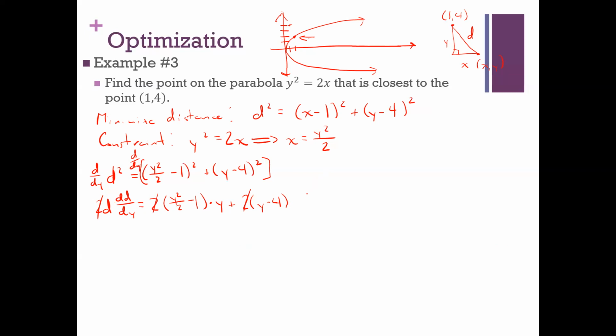That's one way to simplify. Keep in mind though, now that I have a derivative, I want to divide by d as well, so we can do this. dd over dy is equal to y squared over 2 minus 1 times y plus y minus 4, all over d.